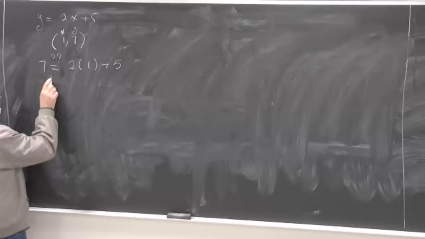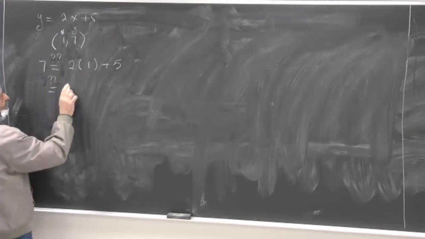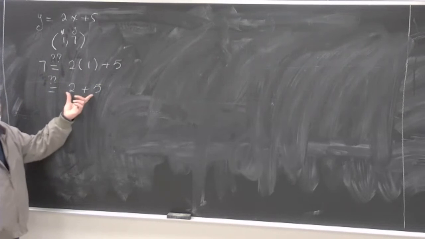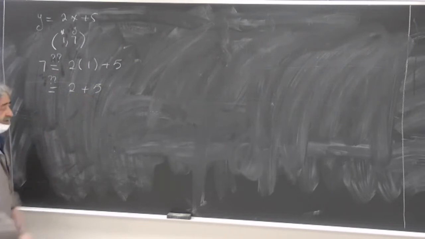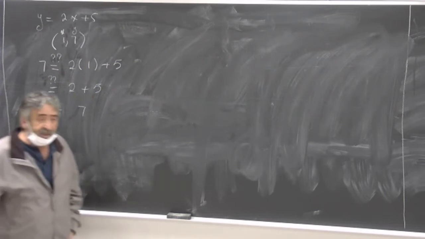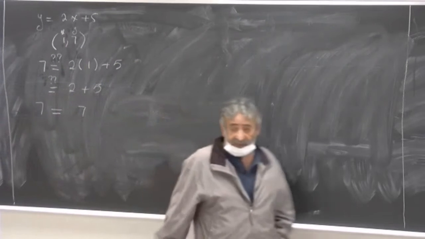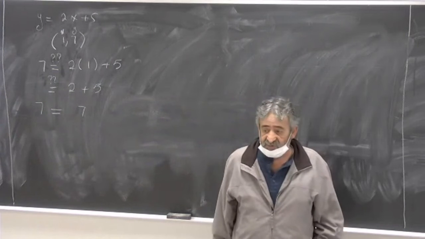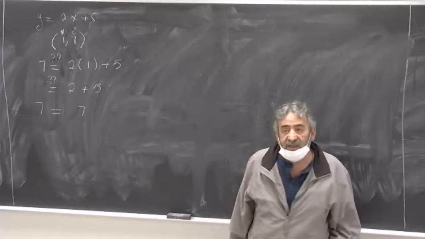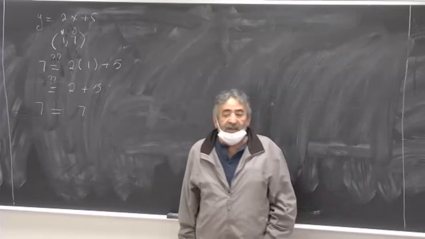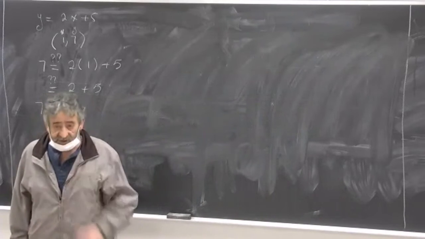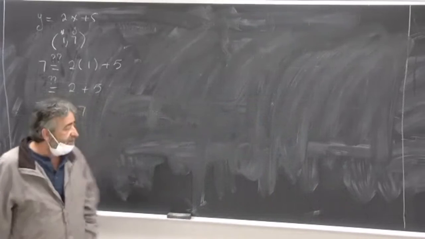So if I simplify more, 2 times 1 is 2, plus 5. And now, 2 plus 5 is how much? 7. And then 7 in this list. Are these equal to each other? Yes, they're equal. Then I put equal signs. Because I get a true equation or true relationship, then I can say, yes, that point is a solution to that given equation.